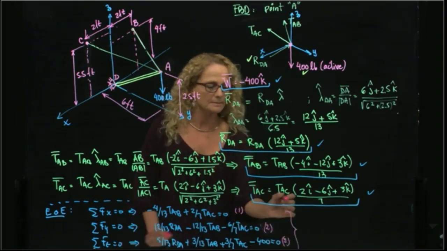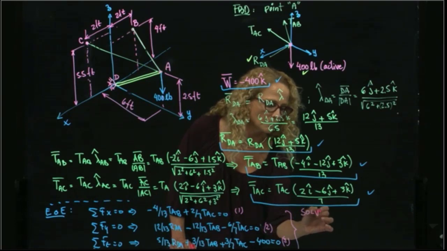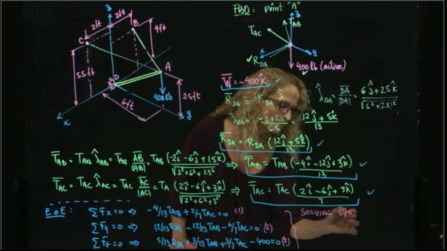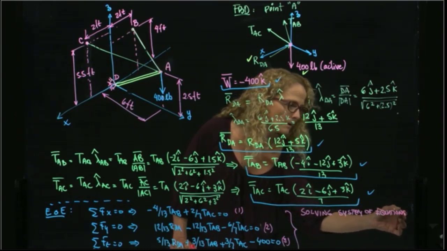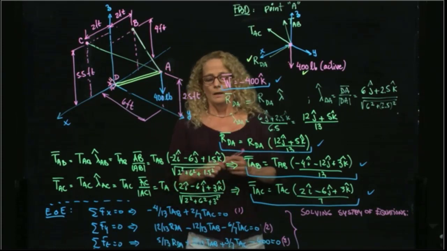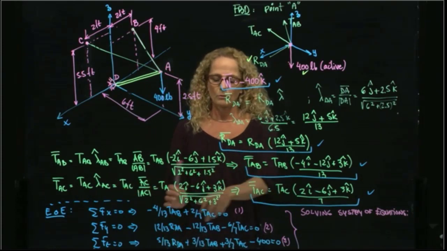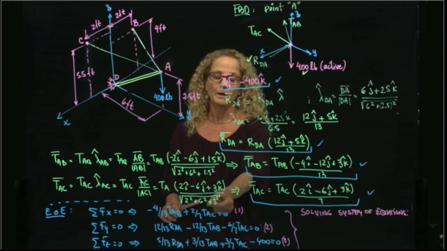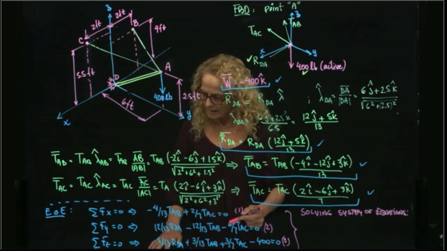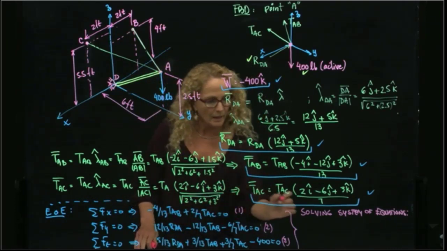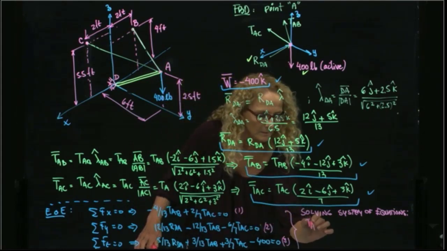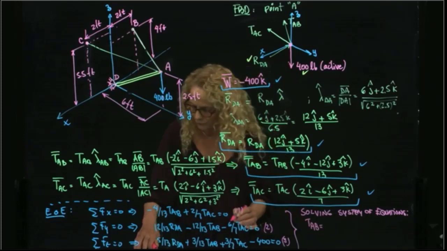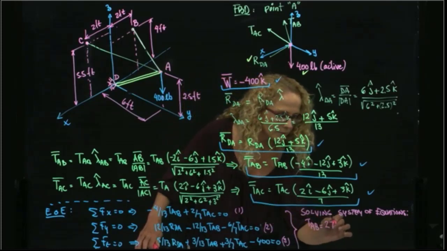And solving the system of equations, as you know, you plug one variable from one equation into the other one, and so forth, and I have the values right here. I have that TAB is equal to 274 pounds.